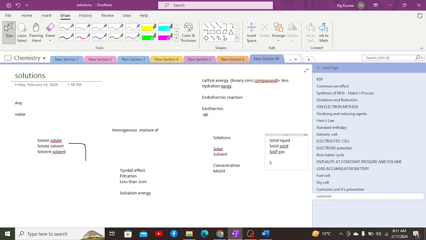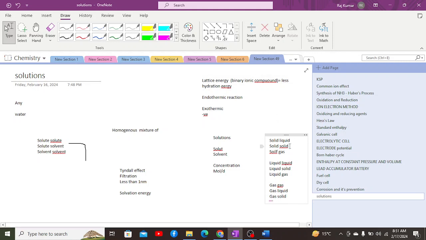Then three solutions of liquid: liquid-liquid, liquid-solid, liquid-gas. And gas: gas-gas, gas-liquid, gas-solid. These are the nine solutions.